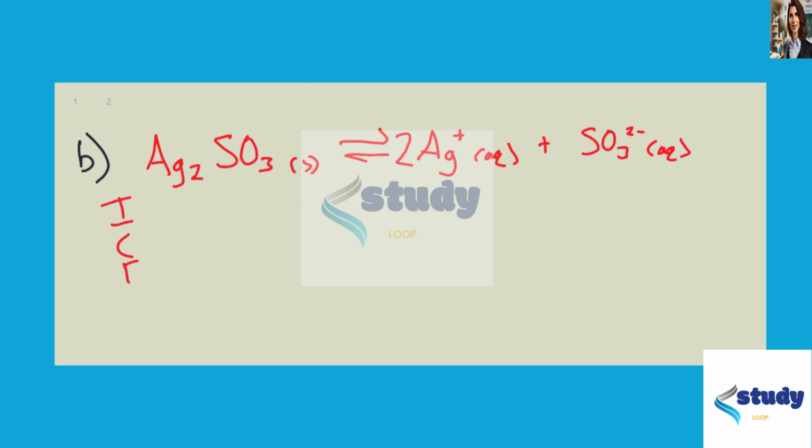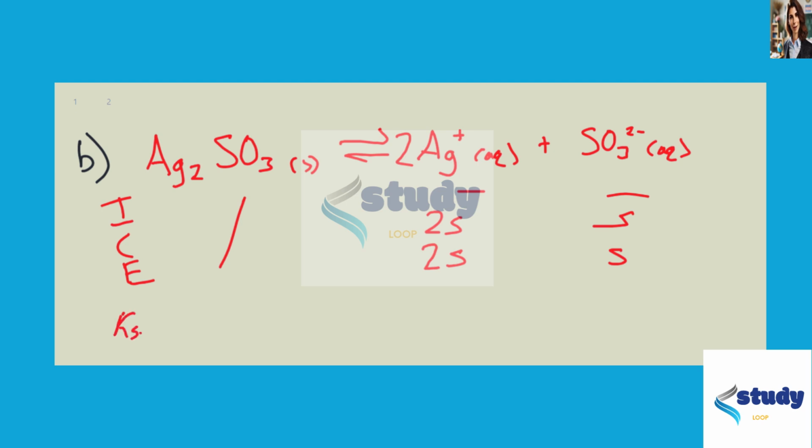So if we draw our ice table, we have no initial concentration of the ions. We're going to add 2S because of the coefficient of silver, and S for sulfite, so 2S at equilibrium for silver, and S for sulfite.